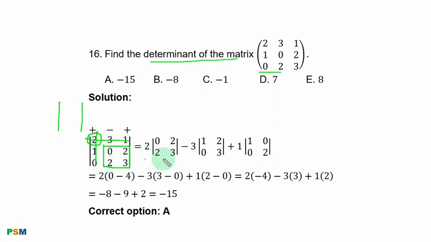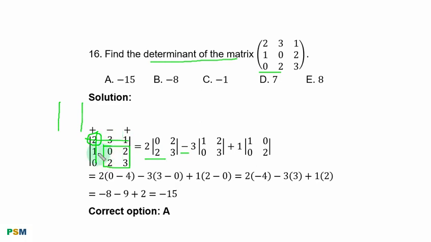You have it here. Now, what we do here is to reduce the 3 by 3 determinants to 2 by 2 determinants. Next, you take the second element in the first row. The sign is negative. You cover first row, second column.